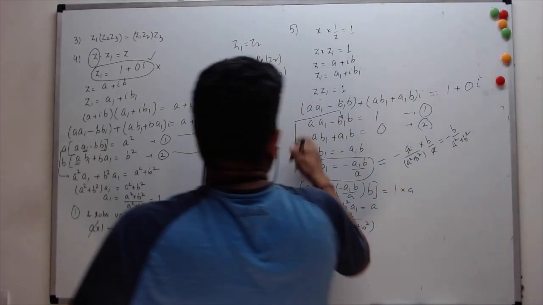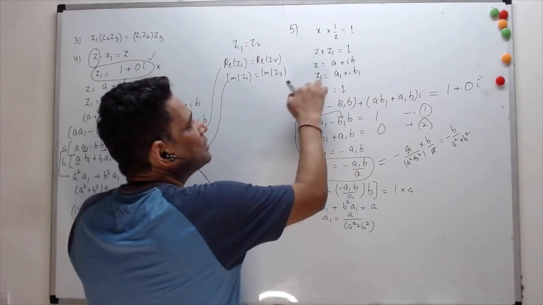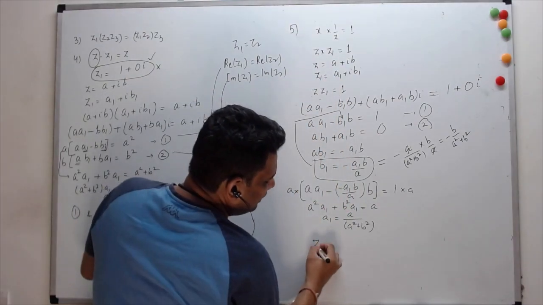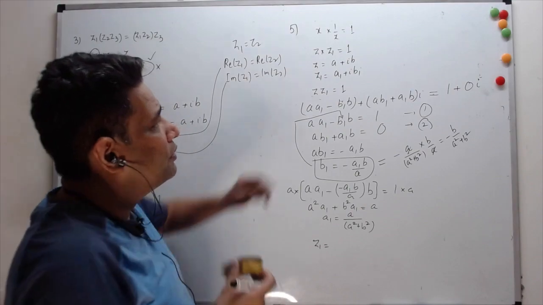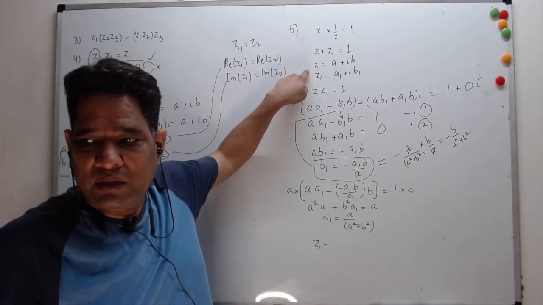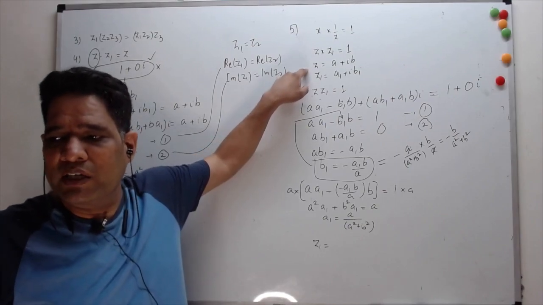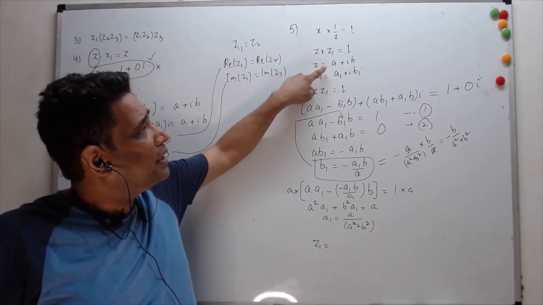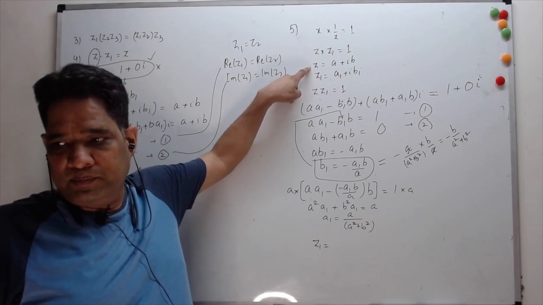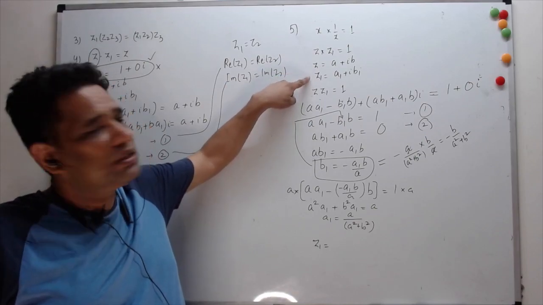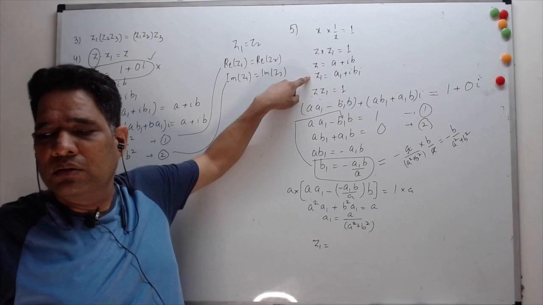So with that, what we get as a value of the complex number z1 is in terms of your complex number set. If someone asks you what is the multiplicative inverse of a certain complex number, they would give you the value of z and not z1. This is something you need to find out.